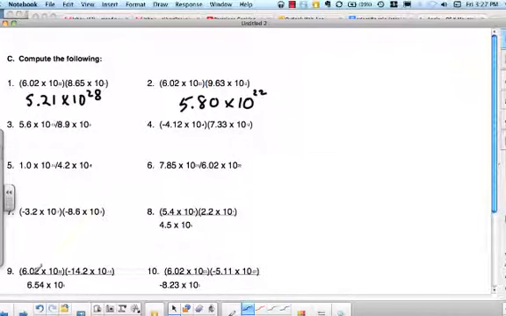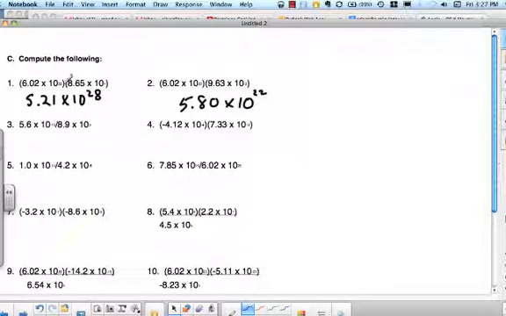All right, so based on what I told you earlier about putting it in your calculator and showing you the keys, you would have put this in as 6.02 and either EE or EXP 23.